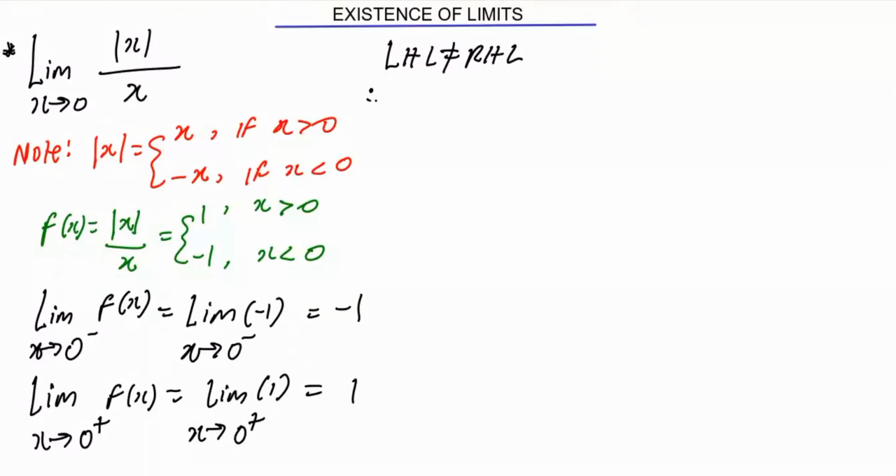Therefore, the limit as x tends to 0 of the absolute value of x over x does not exist. Why does it not exist? Because the left hand limit and the right hand limit are not equal. And that is it.